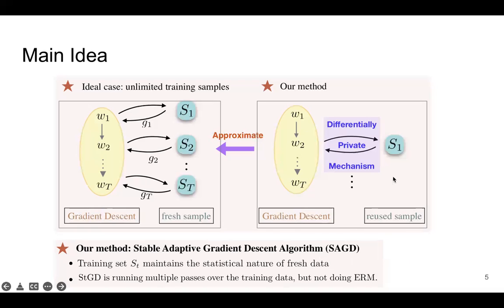The main idea is that in the algorithm, we access the training data in a differentially private way and compute the estimated gradient of the objective function, and then we can use the differentially private gradient and perform a descent step with adaptive step sizes.